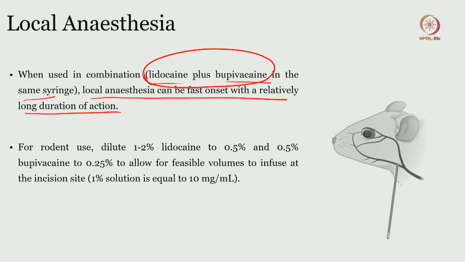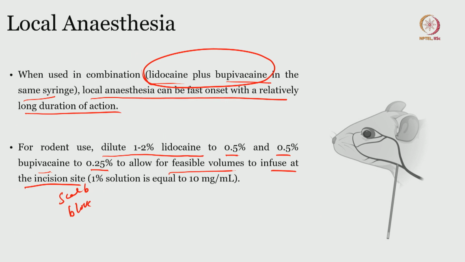And for rodent use, you need to dilute 1 to 2% lidocaine to 0.5% and 0.5% bupivacaine to 0.25% to allow for feasible volumes and infuse at the incision site. Alright, this can be used for scalp block. These are the popular mixtures where long procedures and a long local anesthesia can be provided if your surgery is going to be within like 5 to 10 minutes of the procedure.